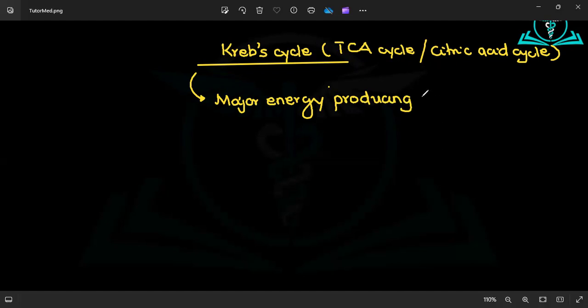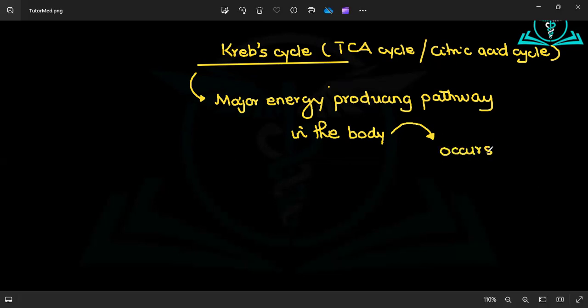Once I'm feeling sleepy now, I have to mention the thing over and over before I remember what I'm saying. Major energy producing pathway in the body. And where does it occur? Mitochondria. It occurs in the mitochondria. Okay.